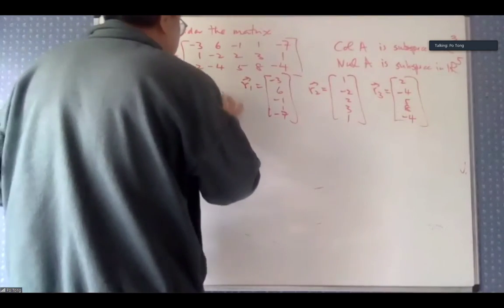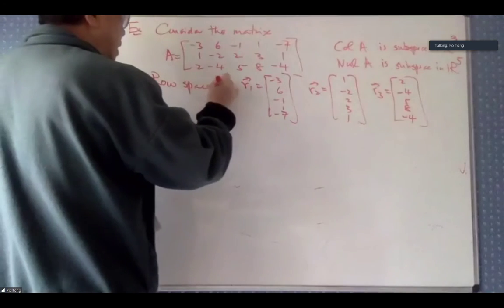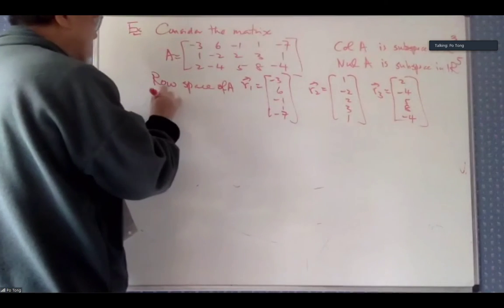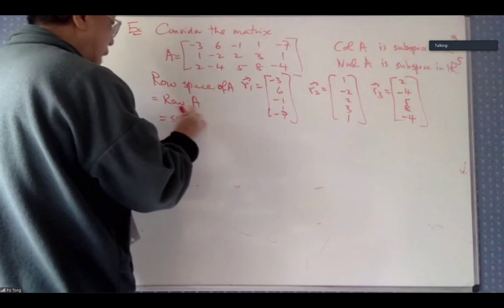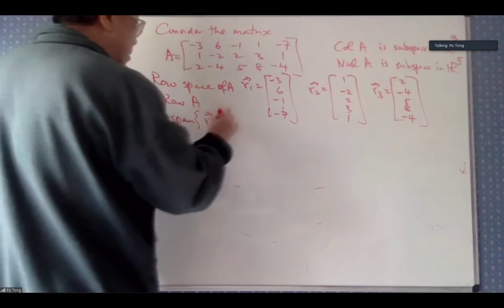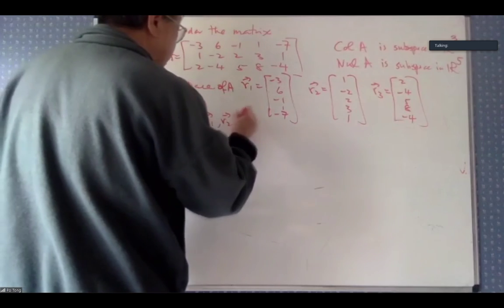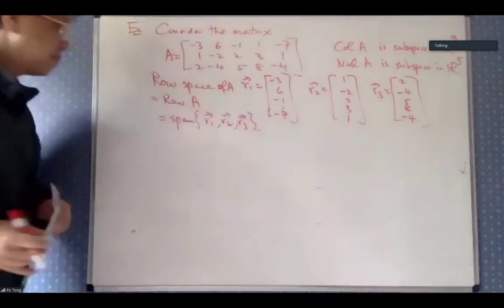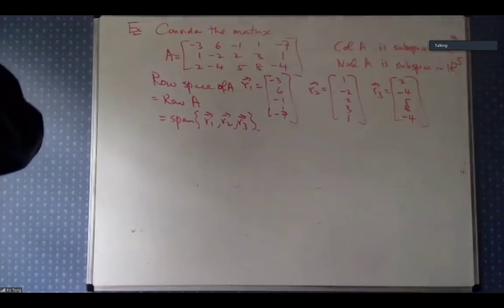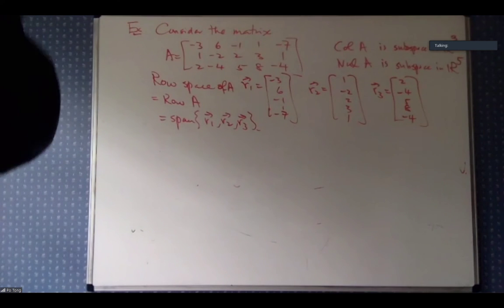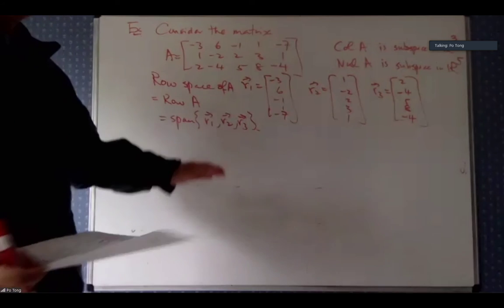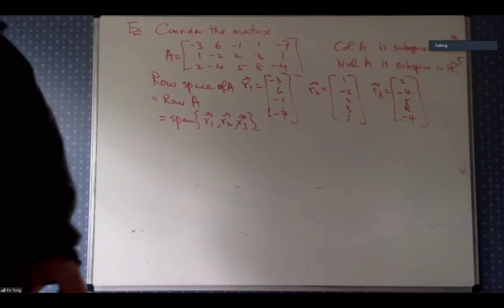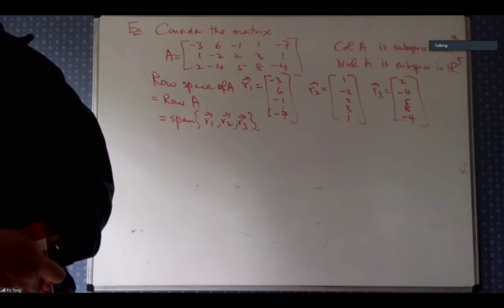So the row space of A, which is written as row A, is the span of those 3 vectors. Do you guys understand what I'm trying to get at? The concept of row space?